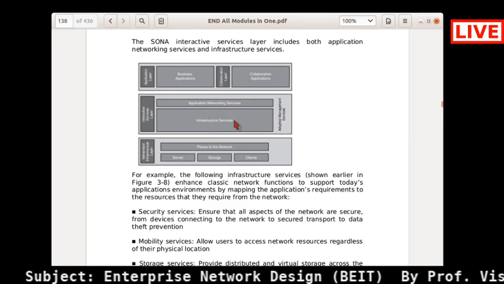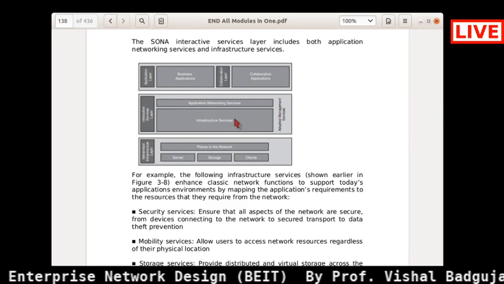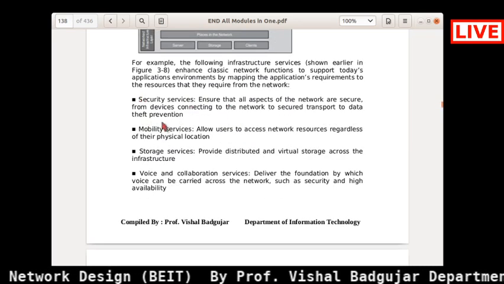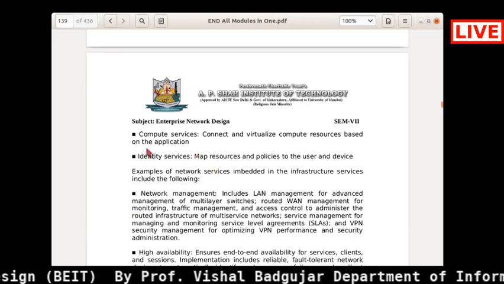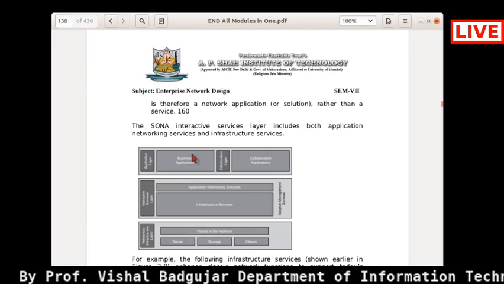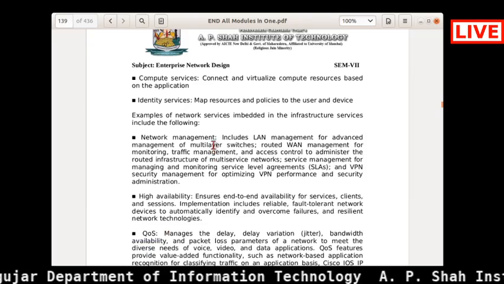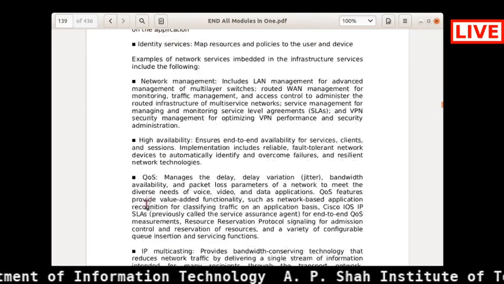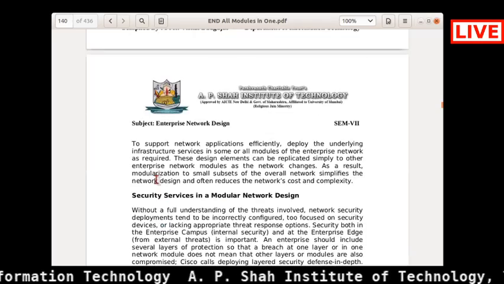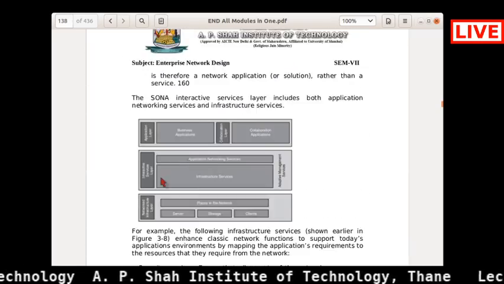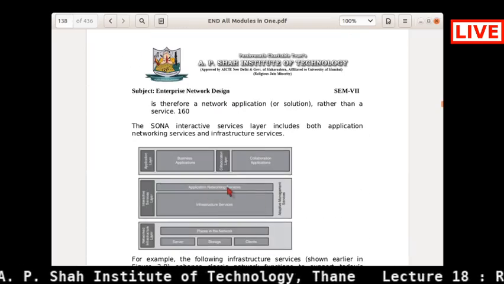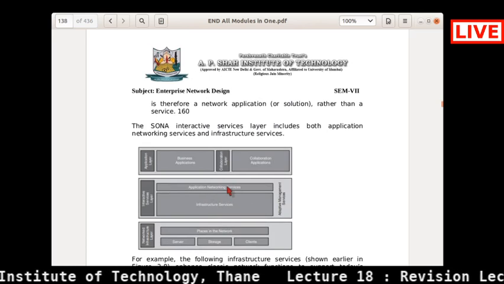So what are the different services? Then we will see here: security services, mobility, storage, voice, compute, identity services, which are nothing but your infrastructure services, right? And the other one which would be embedded, that is network management, high availability, QoS, IP multicasting, right? So all these are nothing but your application networking services, right? So that also you need to keep in mind.